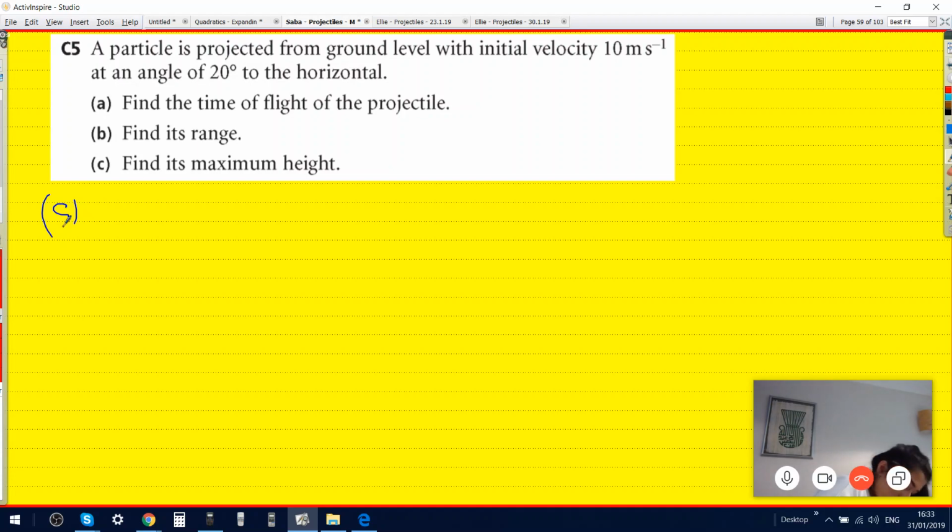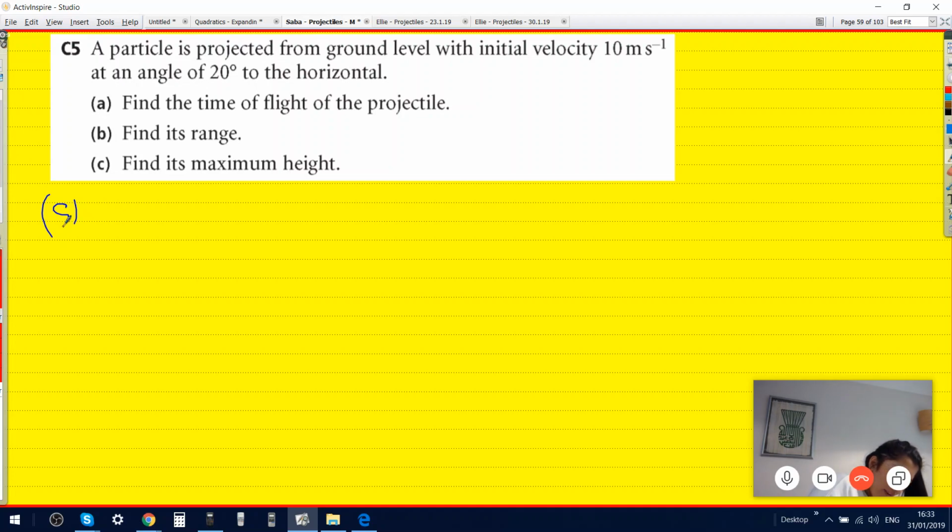Oh, no, yeah, 20. And it goes like that, and it comes back down to the ground, I'm guessing. And that's A, that's 20. So we have 20 cos 10, and we have 20 sine 10.